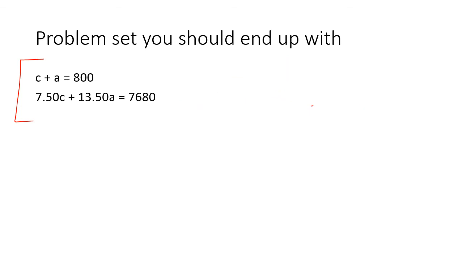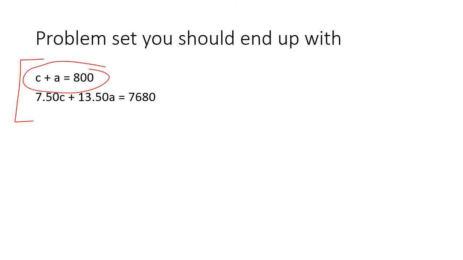So in order to solve this, we need to manipulate one of the equations so that we have one variable on one side and then something we can work with on the other side to substitute. I'm going to start with C plus A equals 800.